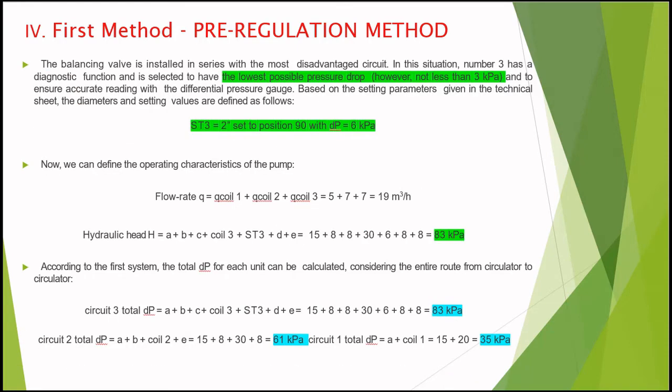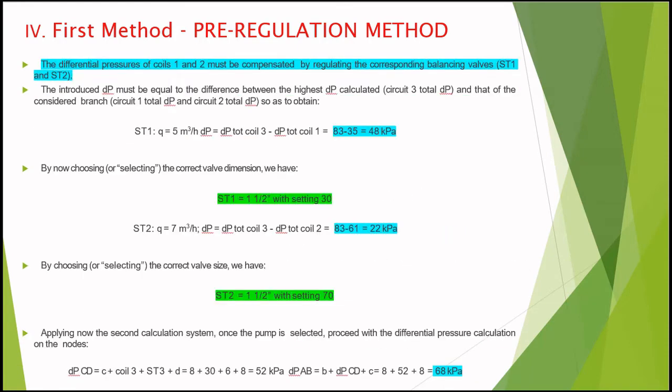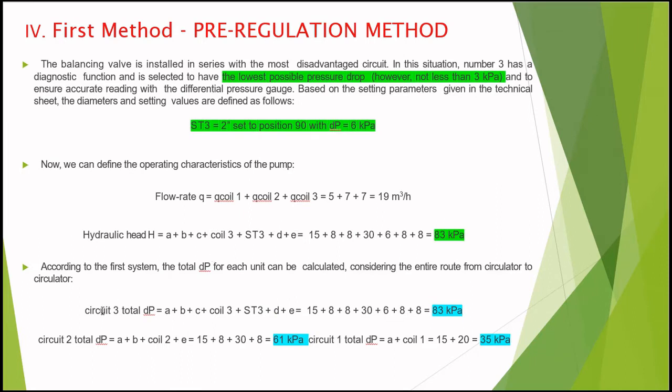So for example here, circuit number 3 dP is equal to A plus B plus C plus coil 3 plus static 3 plus D plus E, which is exactly equal to delta H, 83.